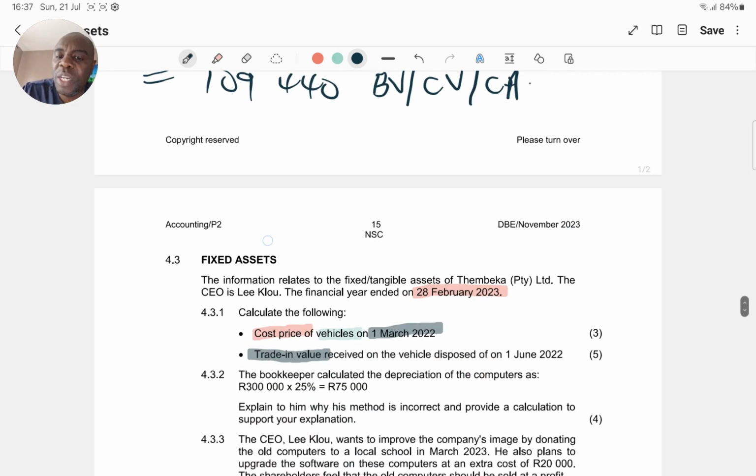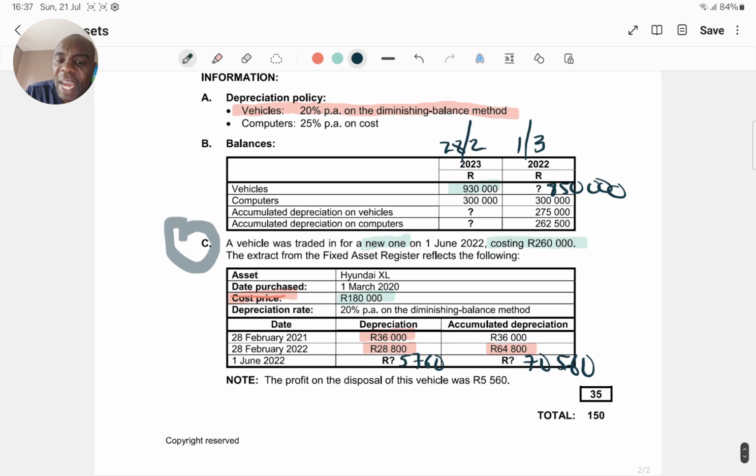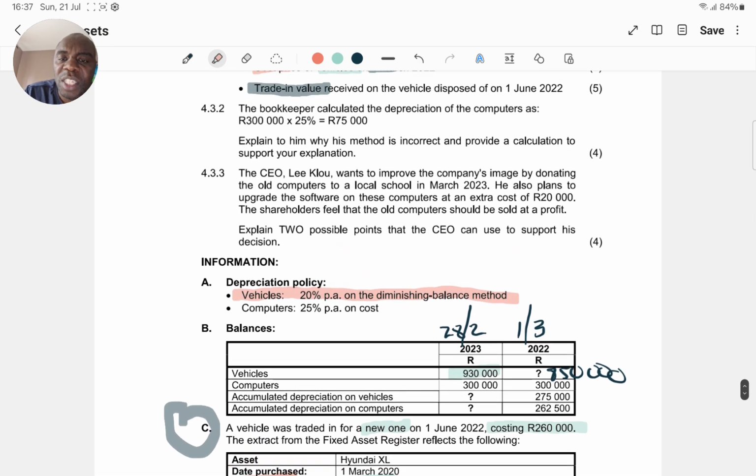So then we are told in additional information C, the last item, that the business made a profit on disposal of 5,560, meaning that the dealership was willing to give us an extra 5,560 over and above the intrinsic value of this asset. Then what do we do now?